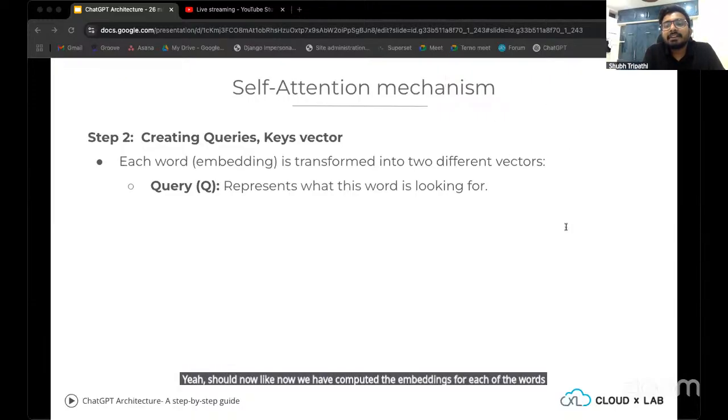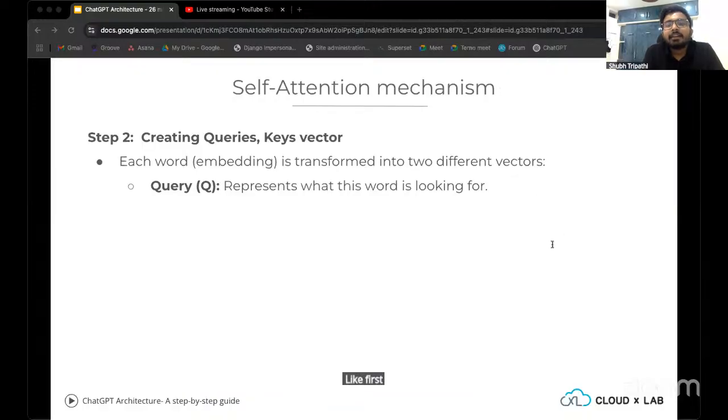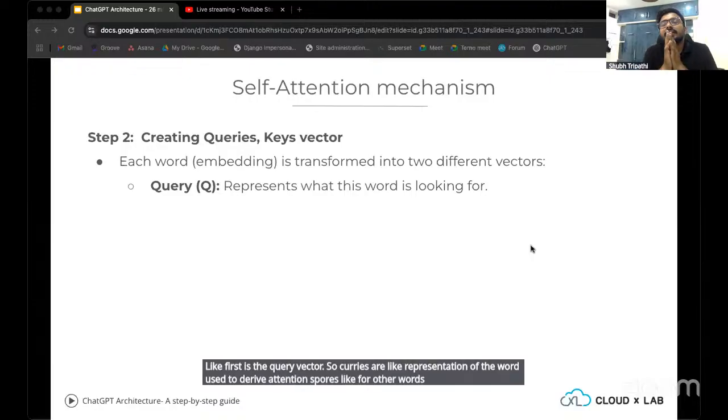Now each embedding is transformed into two different vectors. First is the query vector. The query is a representation of the word used to derive attention scores for other words. The query vector represents the word or token for which we are calculating attention weights concerning other words or tokens in the sequence.